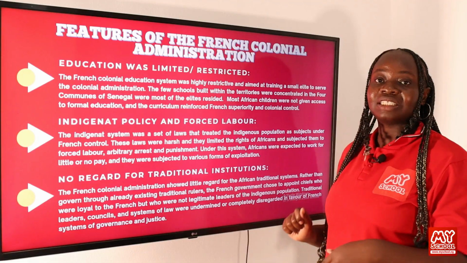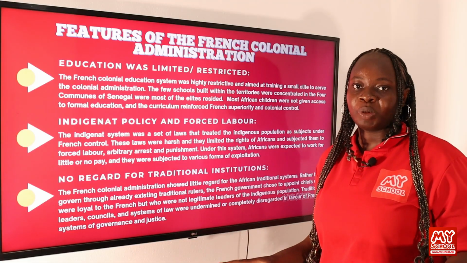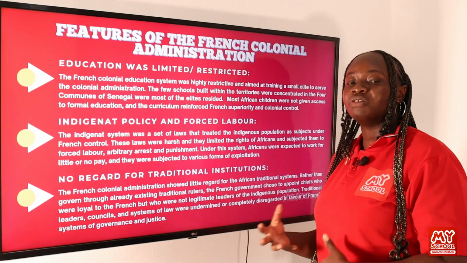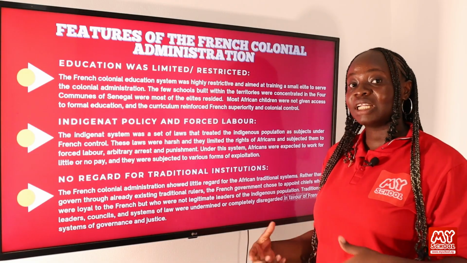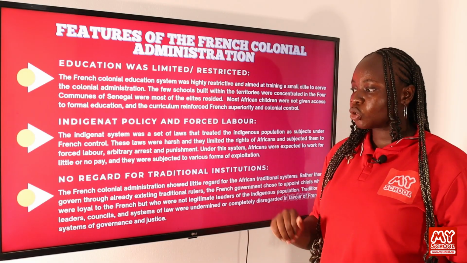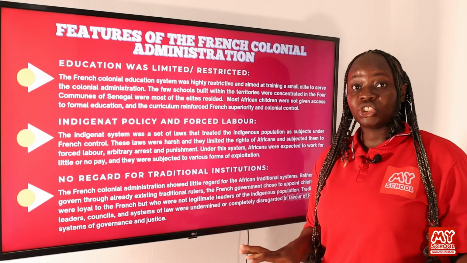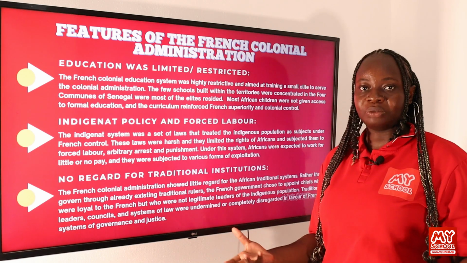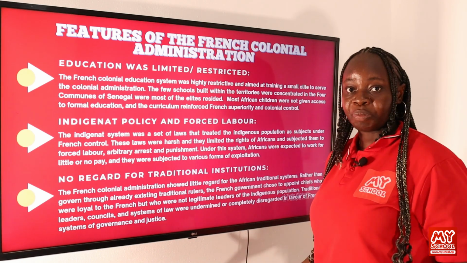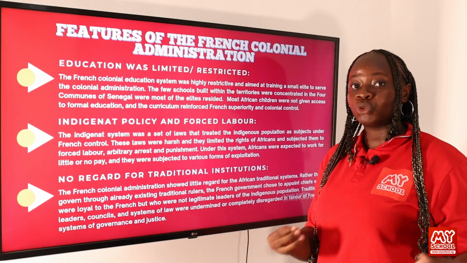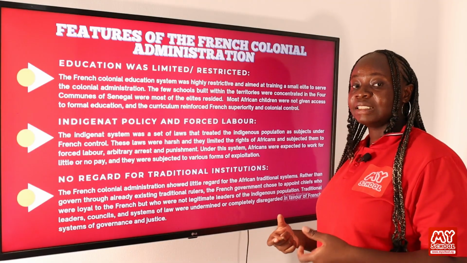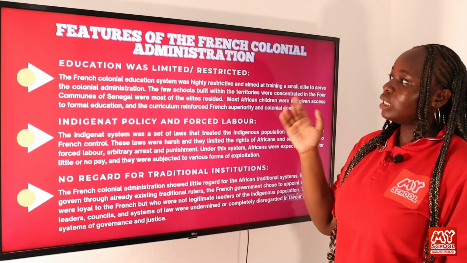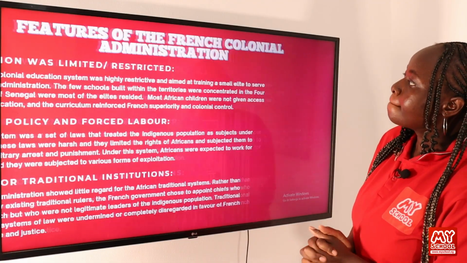The problem here is that traditional rulers were not utilized by the French. They wanted to assimilate all of the Africans into the French system so that they became fully Frenchmen. As a result, most of their traditional institutions were eroded. The leaders that were appointed to govern them were not legitimate. They did not receive the backing of the people. And so it was very difficult for them to implement some of the policies that they had created to govern them. Now let's move on to the next one.